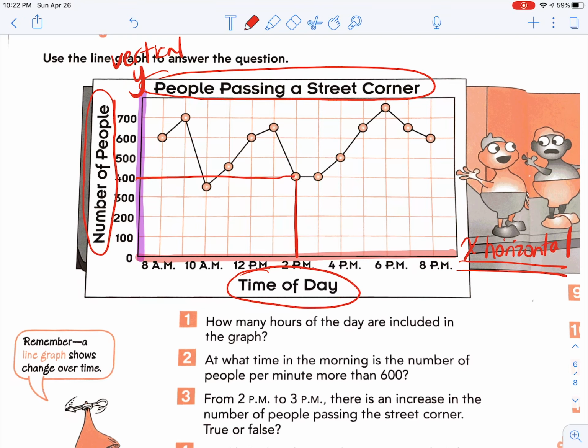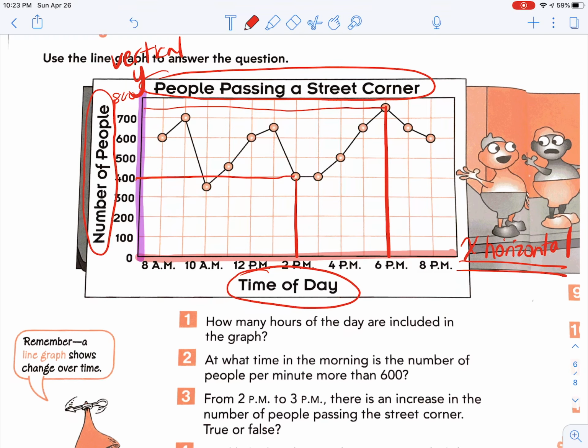If I wanted to know how many people passed the street corner at 6 p.m., I come down to my x-axis, that's giving me my horizontal, that's the 6 p.m. And I go over and look, it's halfway between 700 and 800, so it would be 750.